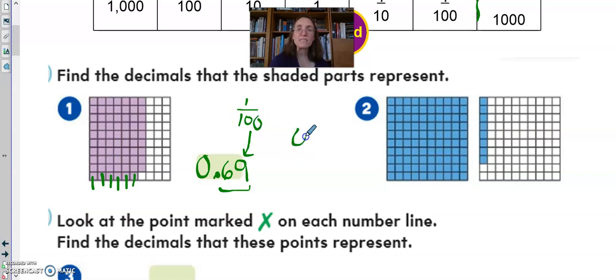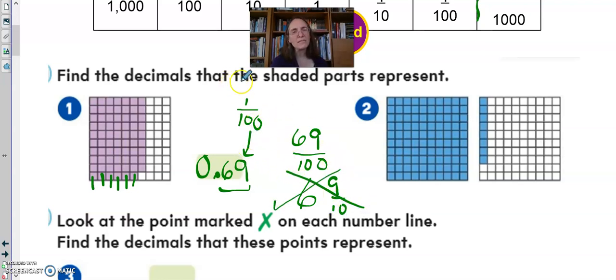I can of course express 69 as hundredths, but I can't do it very well with tenths. In that case I would have 6 and 9 tenths. Oh my goodness, it just gets confusing that way. No. So we're always going to say the lowest place value because that's what our denominator will be.